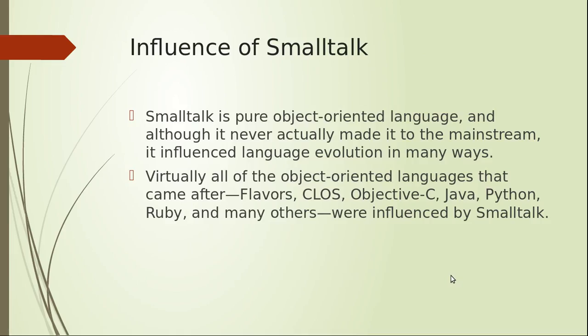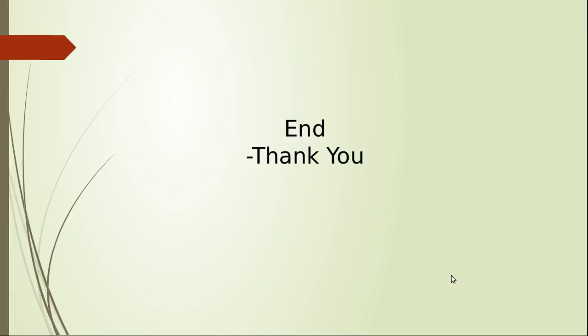On the whole, Smalltalk was the language that started object orientation. Every other language has taken some kind of inspiration from Smalltalk, but Smalltalk never made it to the mainstream.